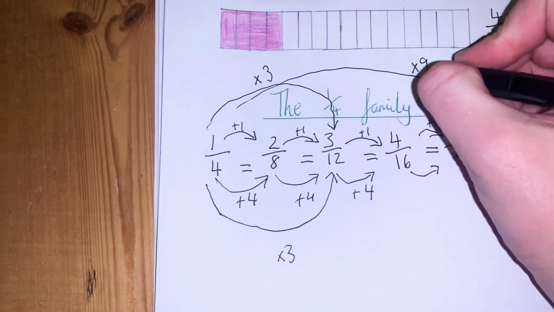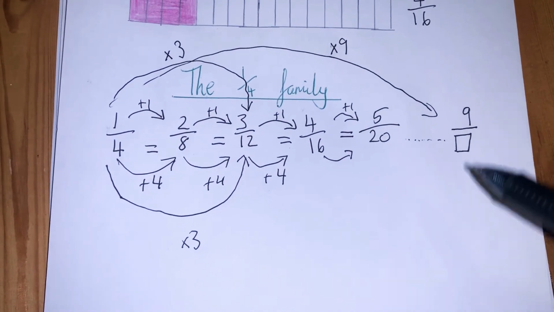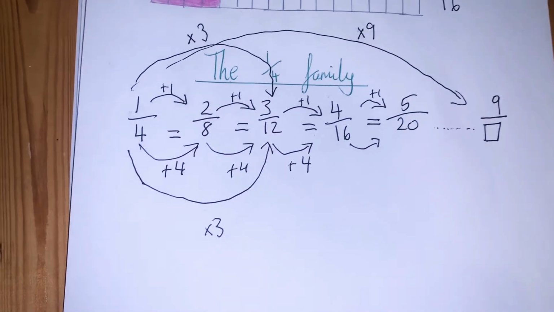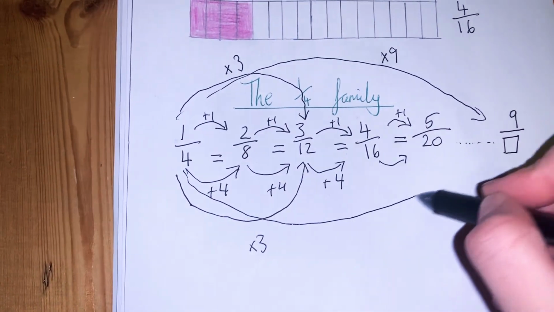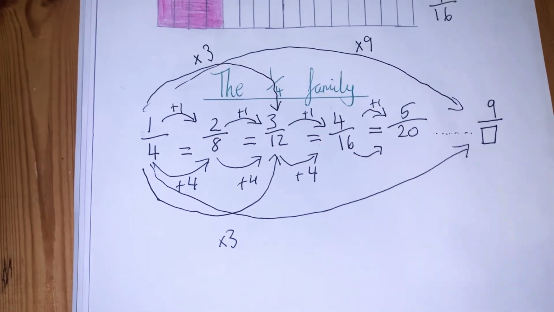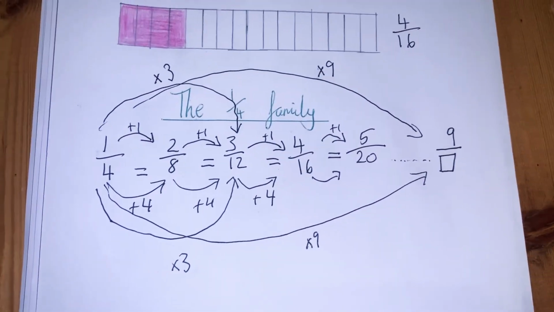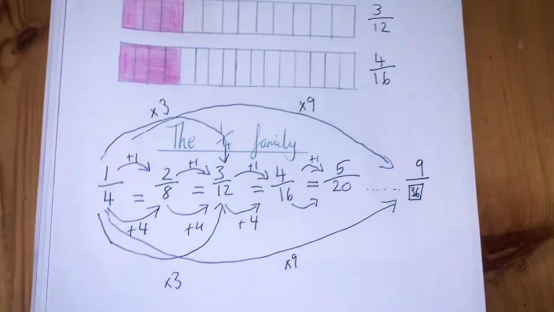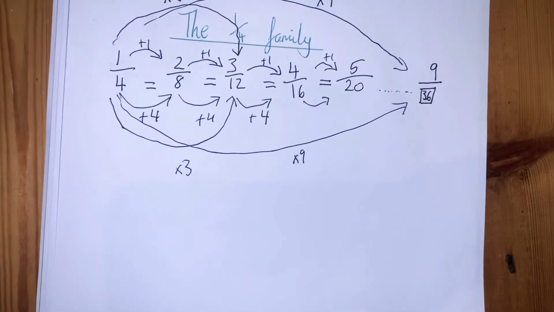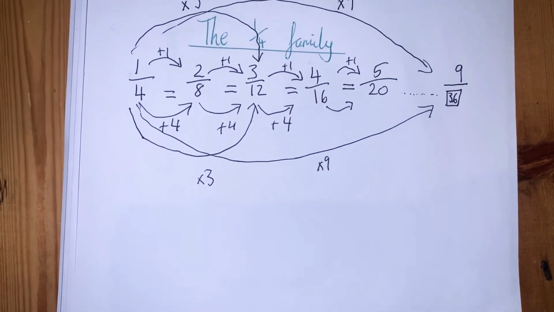And then remember, whatever I do to the top, I do to the bottom. So we're always going to multiply the bottom by 9 as well. So 4 multiplied by 9 gives me 36. So that tells me that 9/36 is an equivalent fraction of a quarter.